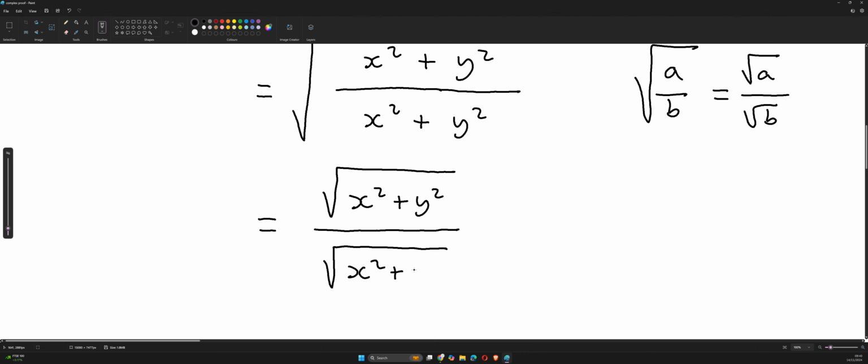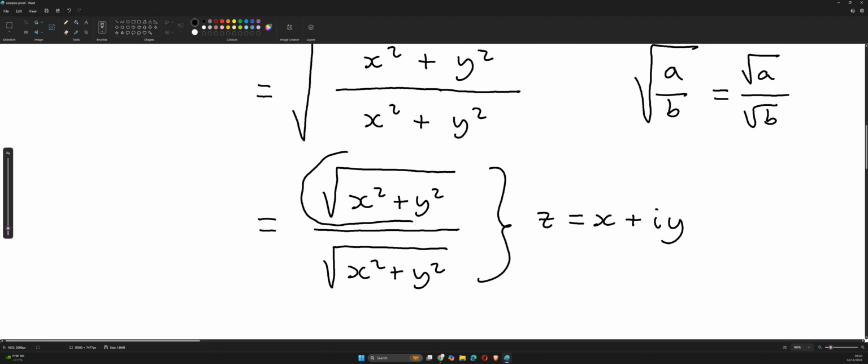Okay, however, remember that z is x plus iy. Okay, so this up here must be the magnitude of z.